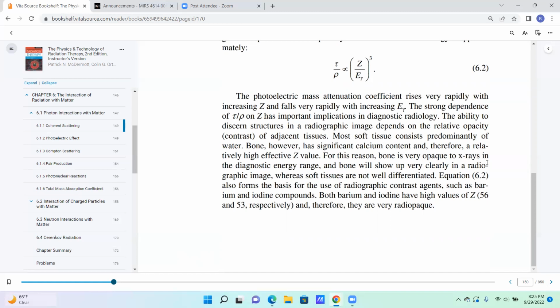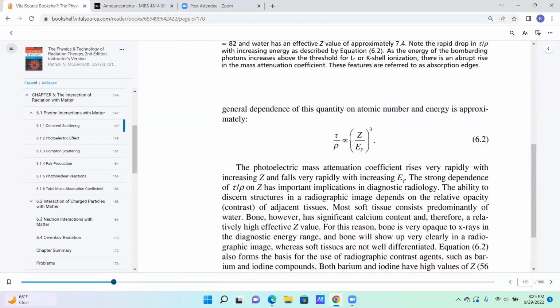And that's why bone is very opaque to X-rays in the diagnostic energy range and will show very clearly in a radiographic image. Soft tissues will not. This equation here also forms the basis for use of radiographic contrast agents such as barium and iodine. And both of those have high Z values and therefore are very radiopaque.